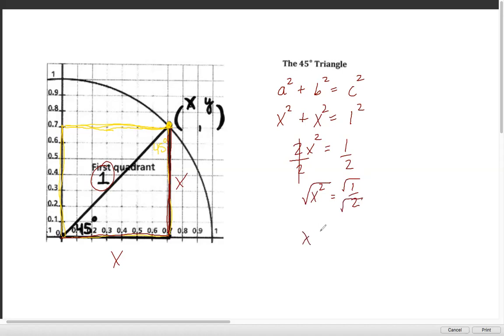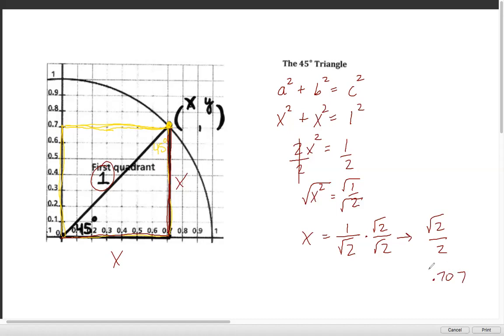So we have x equals the square root of 1, which is still 1, over the square root of 2. Rationalizing the denominator, you'd multiply top and bottom by the square root of 2, and you end up with root 2 over 2. Now, if you put that in the calculator and express that as a decimal, that is approximately 0.707.